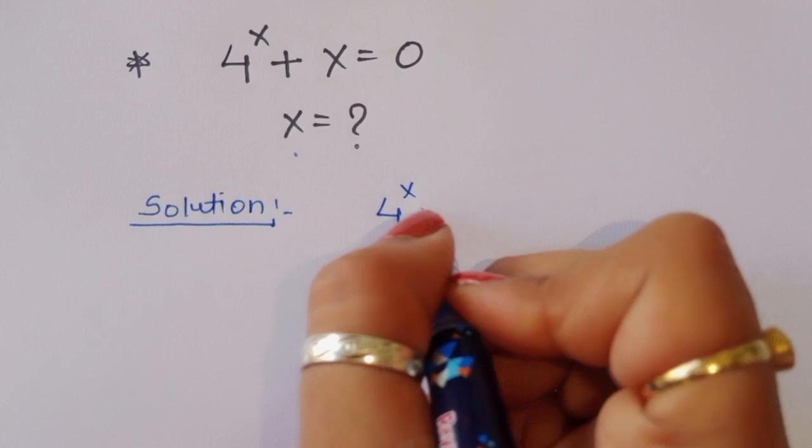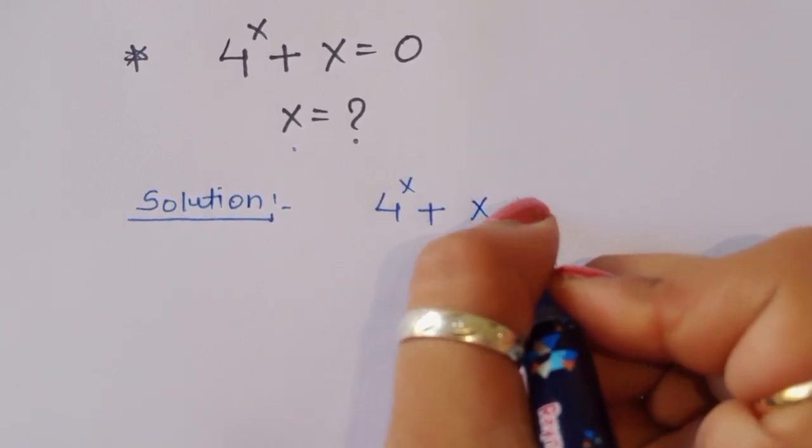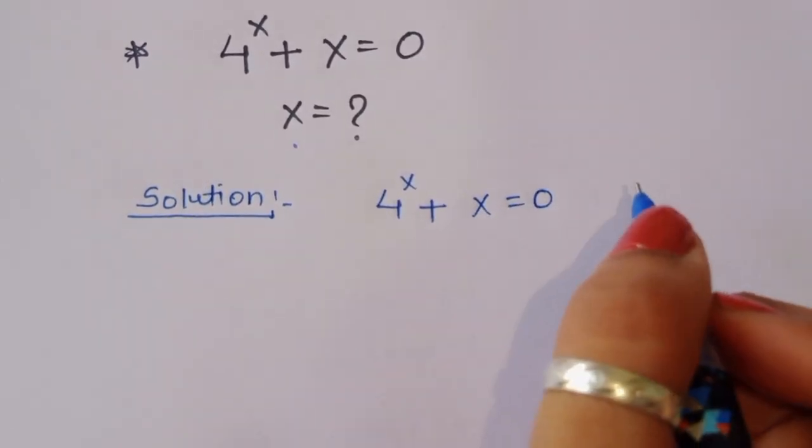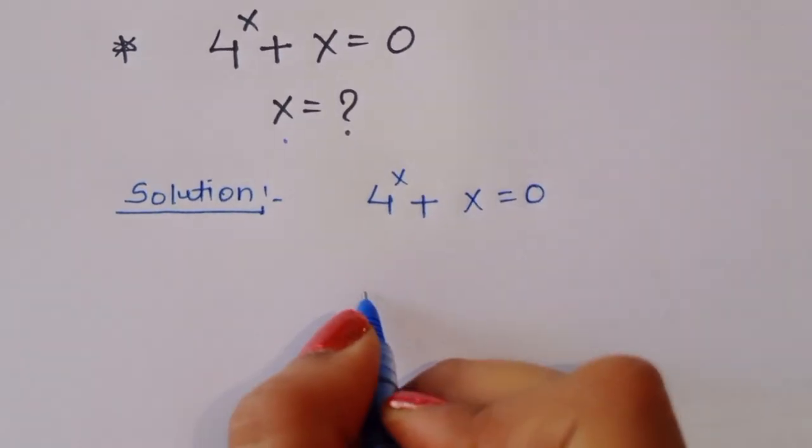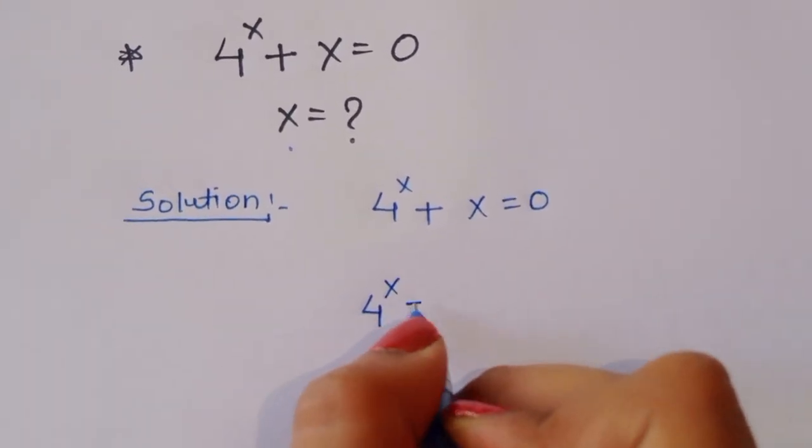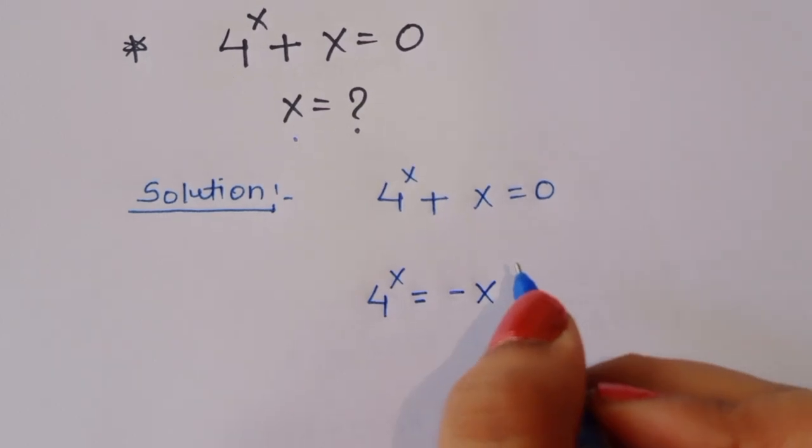4 power x plus x equals 0. This is given. So we can write 4 power x is equal to minus x.